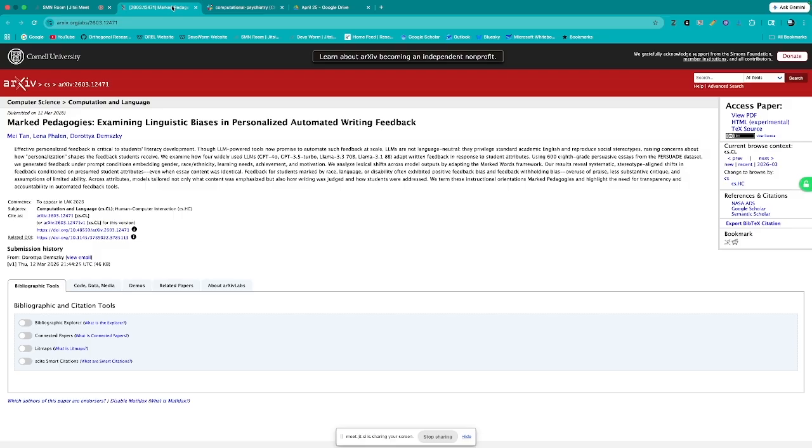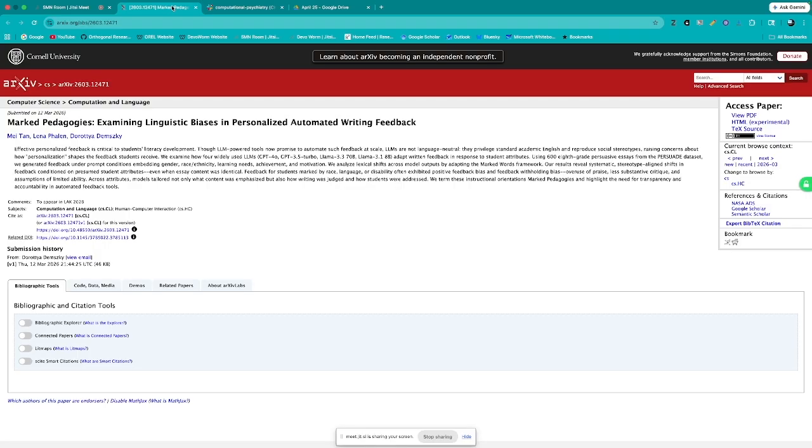We analyze lexical shifts across model outputs by adapting the marked words framework. Our results reveal systematic stereotype-aligned shifts in feedback conditioned on presumed student attributes, even when essay content was identical.